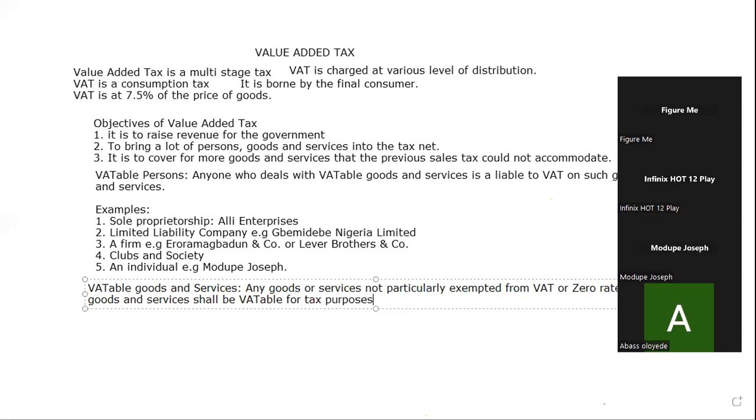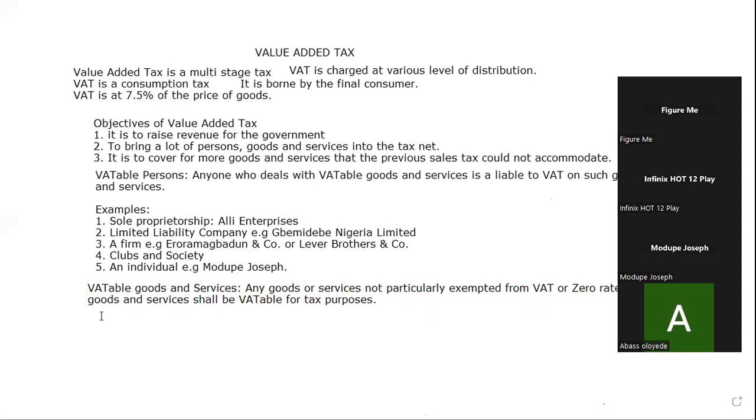All right. You have to note that. So if it is not zero-rated goods or services, or it is not an exempted goods or services, then it is VAT-able goods and services.